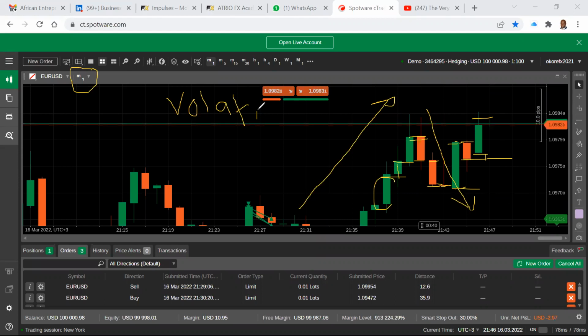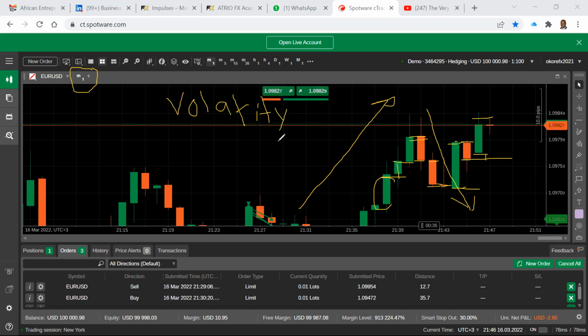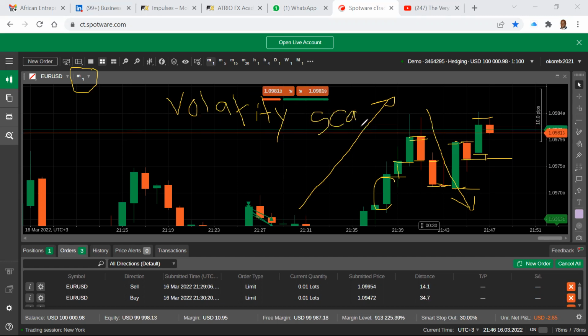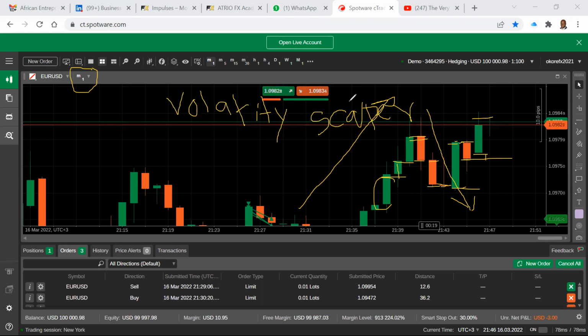Now, volatility is your friend, especially if you are a scalper, a person who goes in and out of the market very many times. And this is what I'm going to be teaching you. This will be our strategy that you will acquire by the time you finish this class. We shall be scalpers.